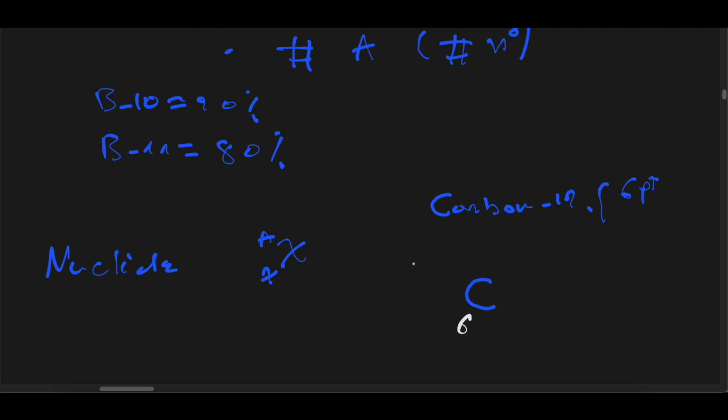And the mass number is written on the top left. Here it is. So here we have a writing of the nuclide C12. So the nuclide of the carbon 12 is identified by this formalism.